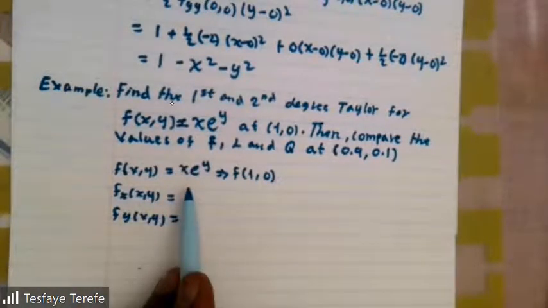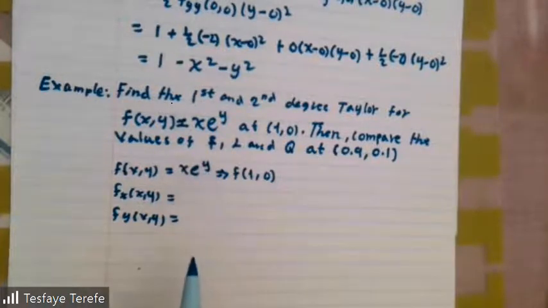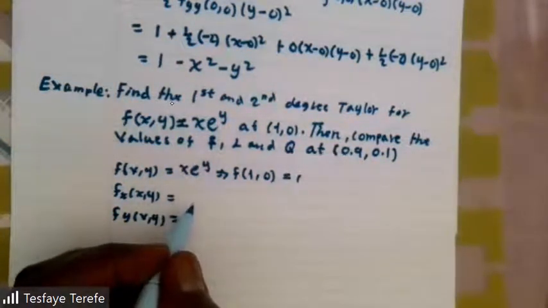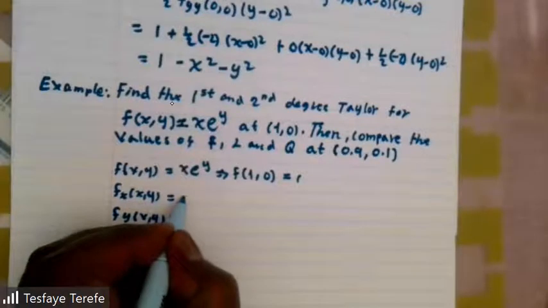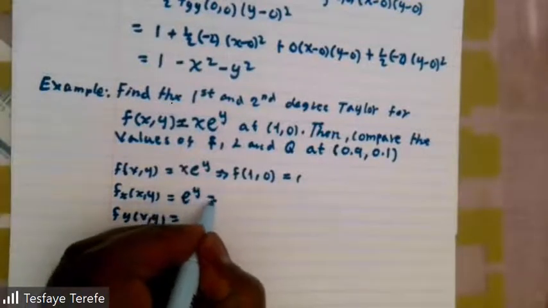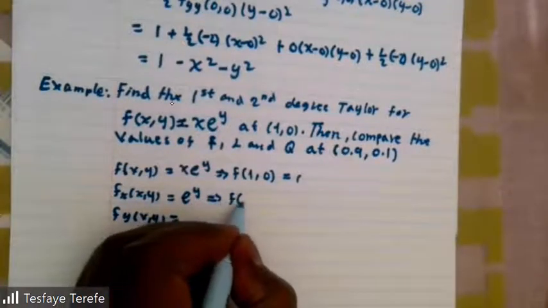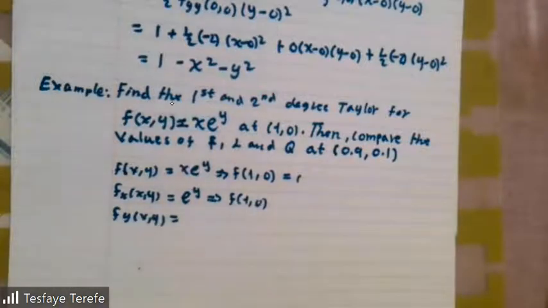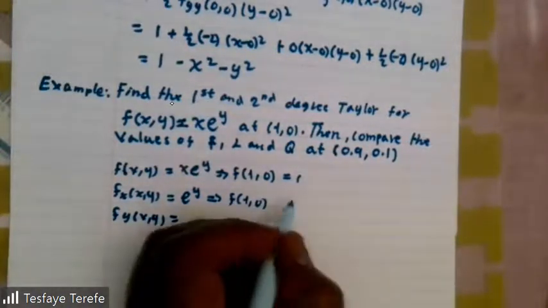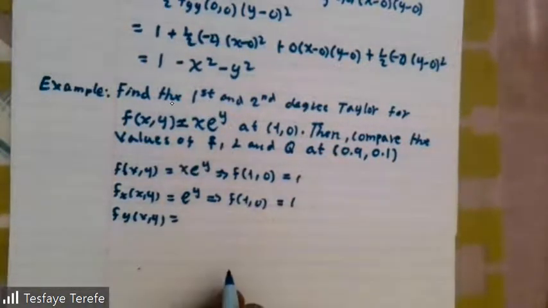Okay, the function is x e raised to y, and at (1, 0), this is 1, and e to the power of 0 is also 1. 1 times 1 is 1. And the derivative with respect to x is going to be simply e raised to y. At the point (1, 0), e to the power of 0 is also 1.